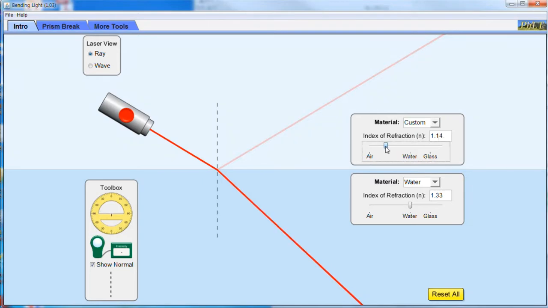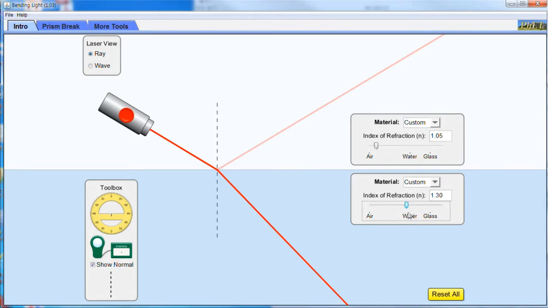But you can see that when I change the index of refraction of the upper part, which was originally air, the angle of refraction is changing, right? So this suggests that the angle of refraction is related to the index of refraction of the upper part and also the bottom part. It actually suggests that the angle of refraction is related to the ratio between these two indexes of refraction.